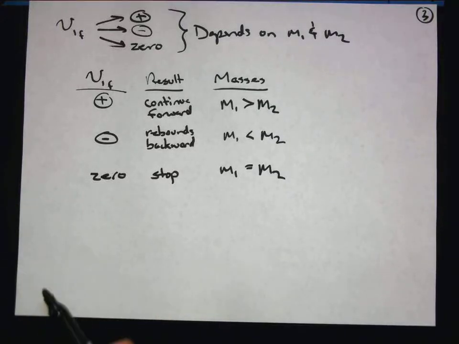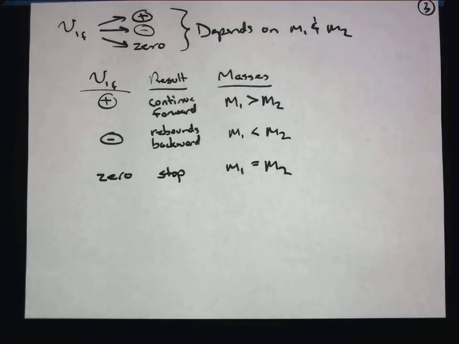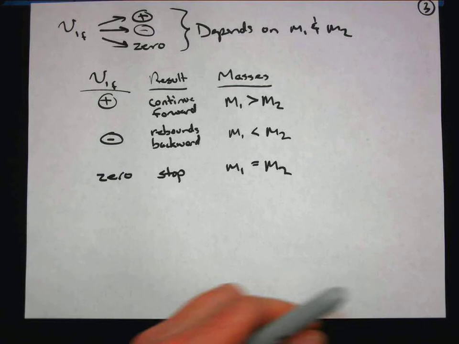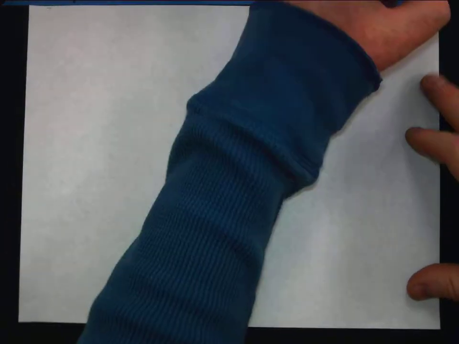Let's break this down. Here's the general results, and I know you've just seen it, but it's worth checking out in some more detail. So we might have equal masses.